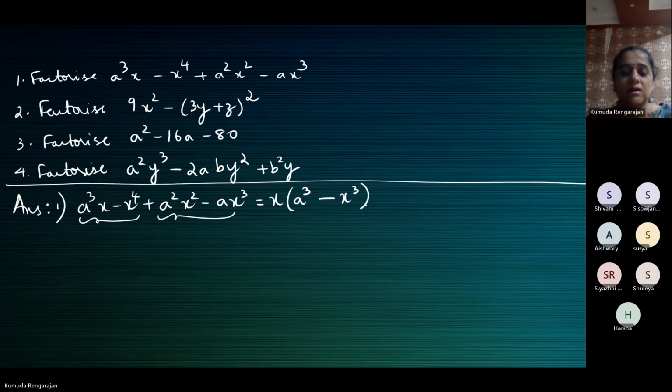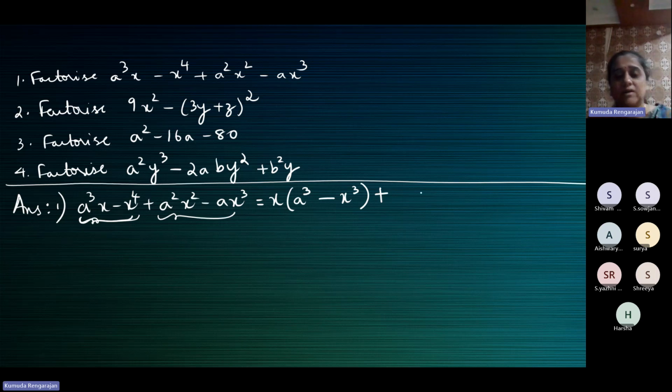Yeah. Now I've told you that whatever is the sign here, put the same sign. That is after the second term, whatever sign you see, plus or minus, put the same sign, plus. Now, what is the HCF of the third term and the fourth term? The least power is common.